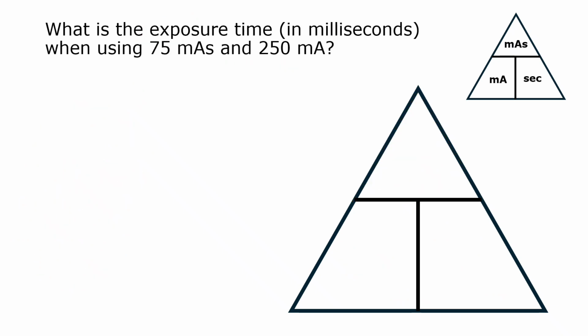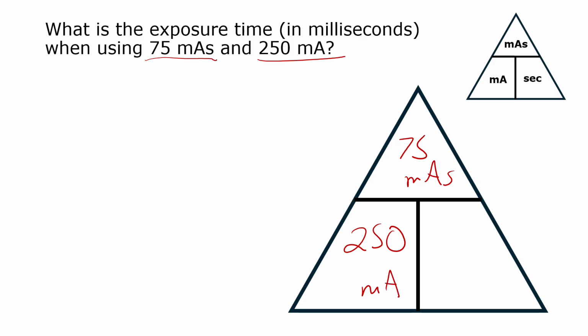The last problem that we'll do is the trickiest out of all of them so far. So what is the exposure time in milliseconds when using 75 mAs and 250 mA? Let's start putting in our values. So 75 mAs, 250 mA, and we're trying to solve for time. The first thing that we're going to do is solve for that exposure time in seconds.